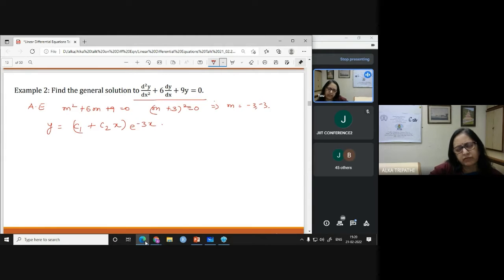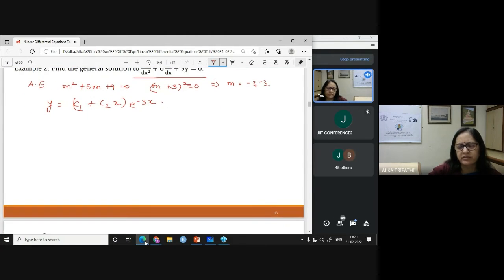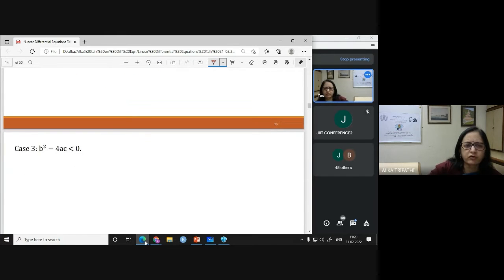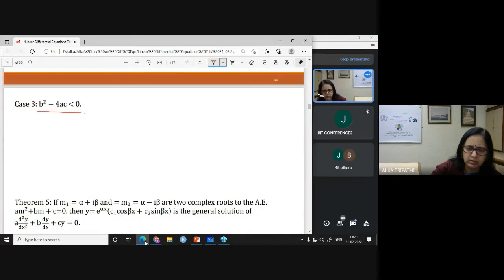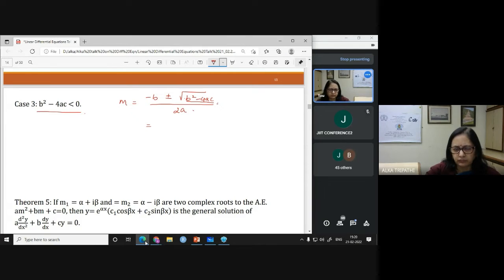Now this was the case when my b square minus 4ac was 0. Suppose b square minus 4ac is less than 0. Then if this value is negative, I will make it positive by multiplying by minus 1 and taking it out.